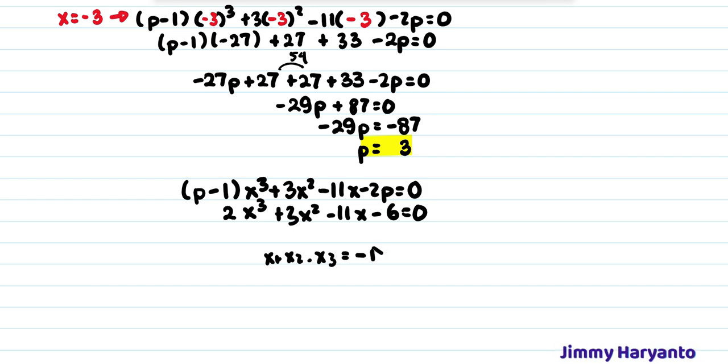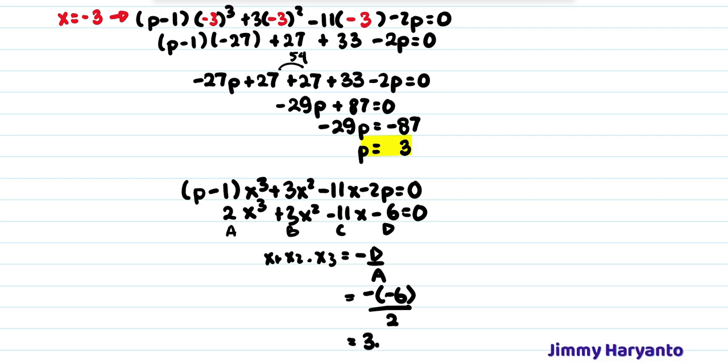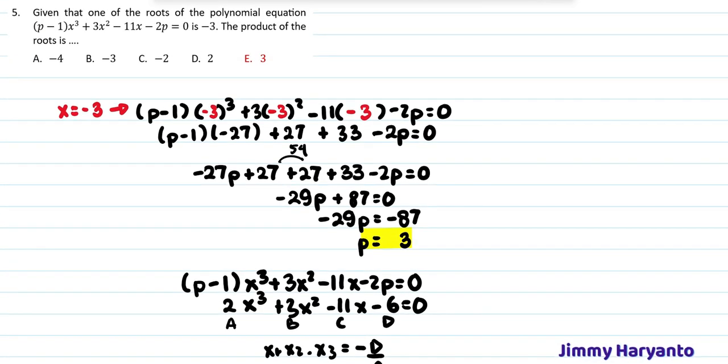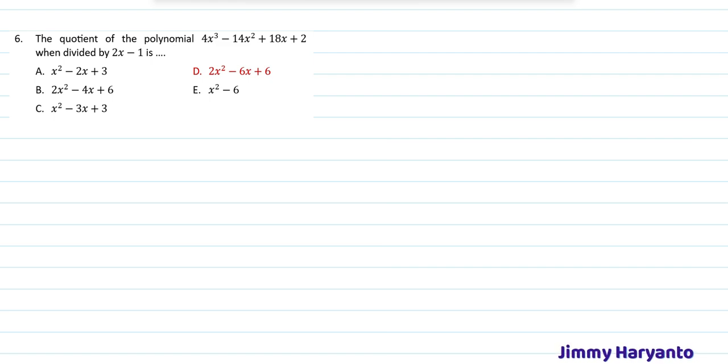The formula is negative d over a. This one is a, b, c, d. So negative negative 6 over 2, so the answer is 3. Okay. Question 6. The question wants you to find the quotient.